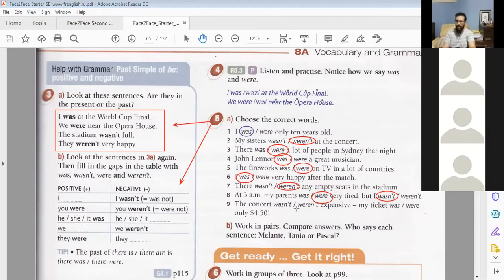Correct. ليش عملتي wasn't؟ هي صحيحة بس ليش؟ Why؟ Expensive.